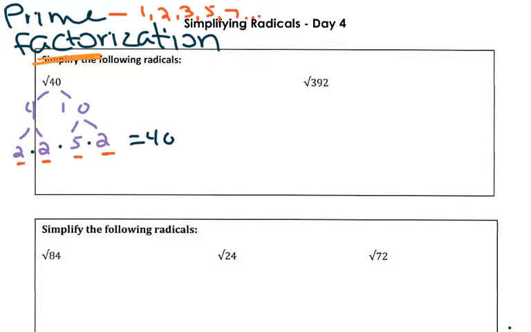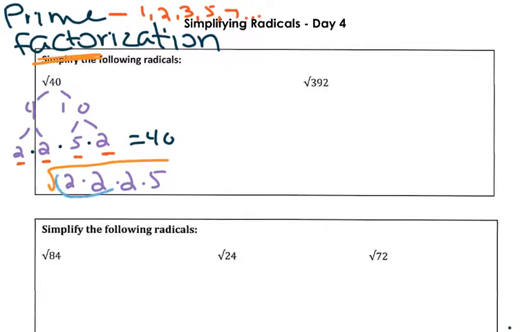Okay? So if I'm looking at radical 40, I actually could put all that back into my radical. So 2 times 2, I'm just going to put it in number order, times 2 times 5. What I'm then looking to do is circle some pairs.